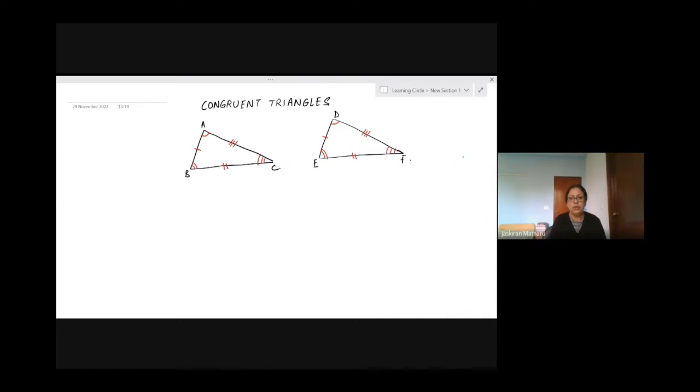Now we are going to learn about the 4 tests which we can use to check whether two given triangles are congruent or not.